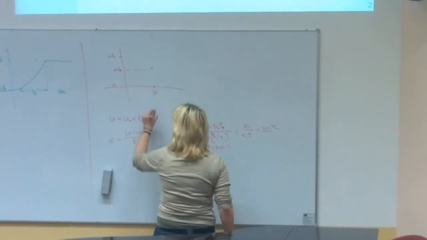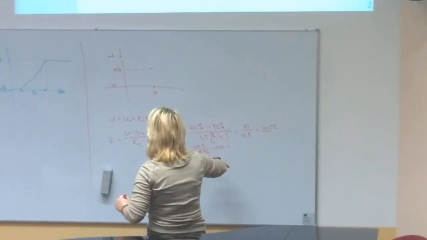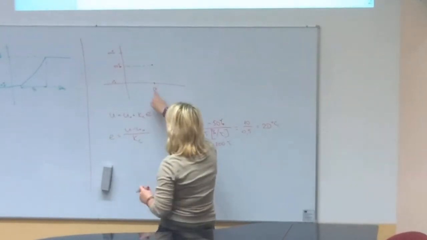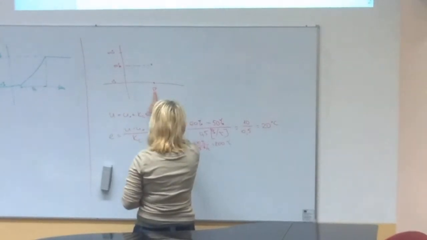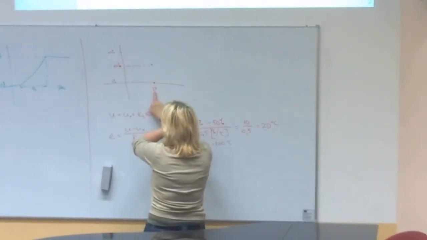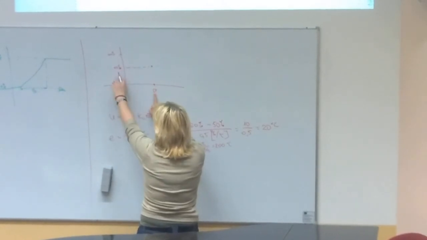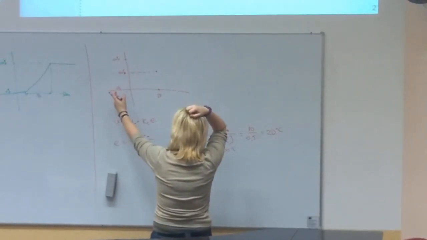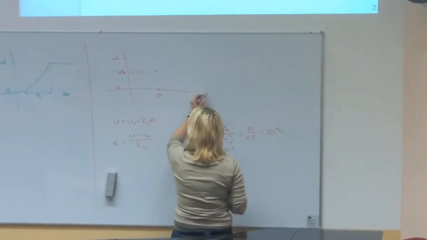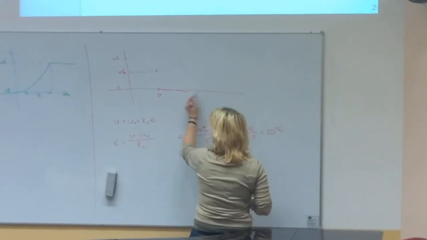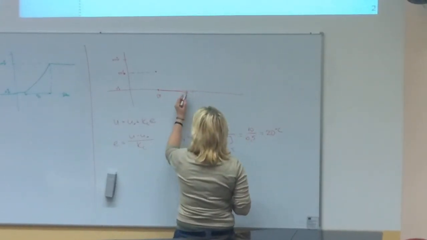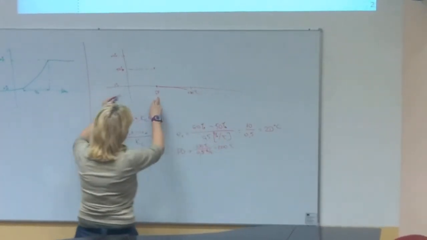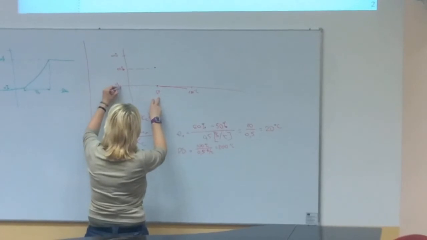So basically, what does it mean? At the beginning, when we have our initial situation, if this is 80 degrees, and this is half of our output, we would like to have a symmetrical situation. So it will be minus 20.